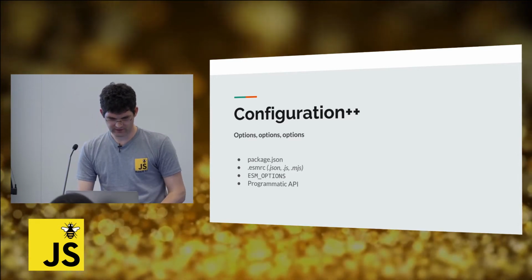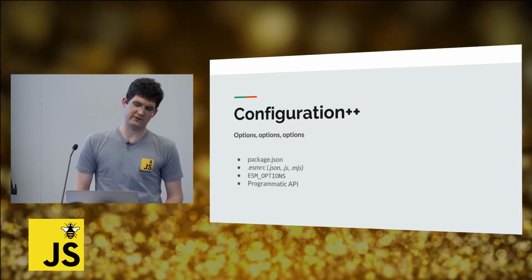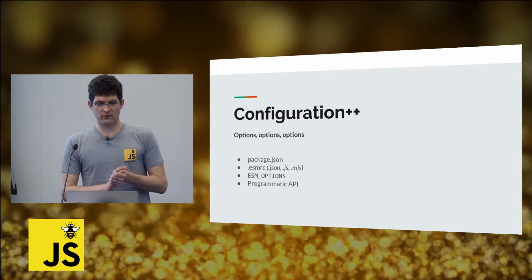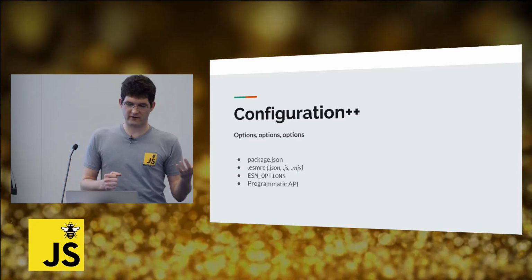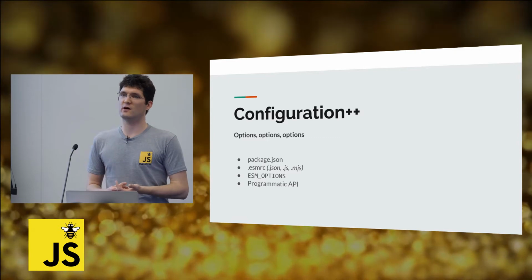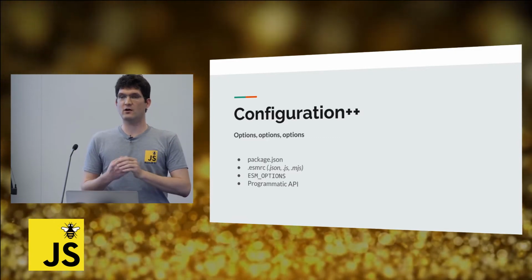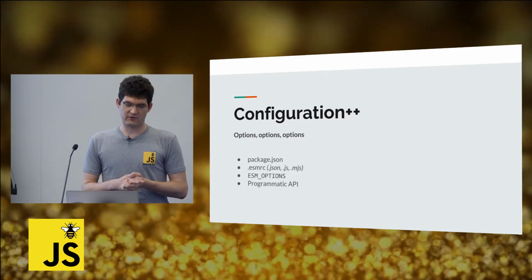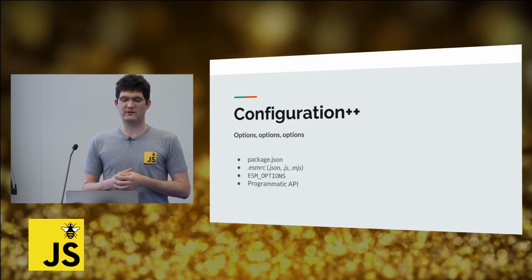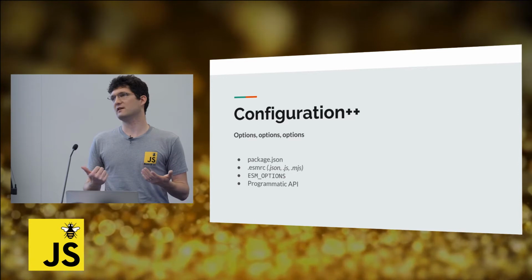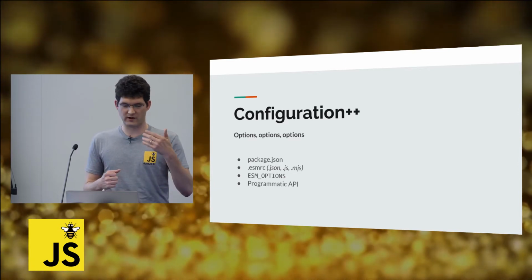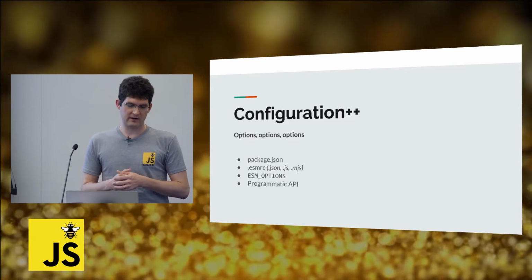And then you can use a programmatic API too. The reason there are all these configurations is that there are different scenarios for each one. Say you just want to get up and running and you don't want to do anything. Great, no configuration needed. If you want some options but you don't have a ton of config files, then maybe you don't want to create a separate config file for that. Maybe you just want to put it inside the package.json.